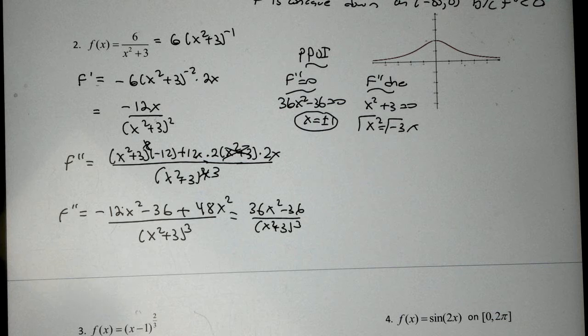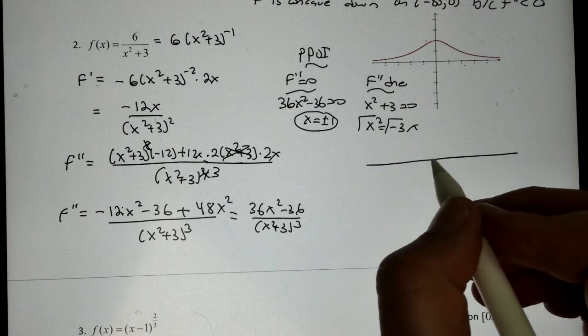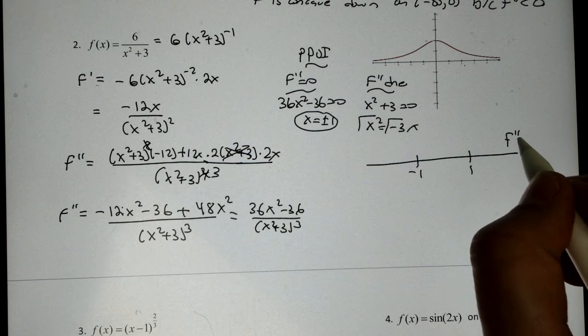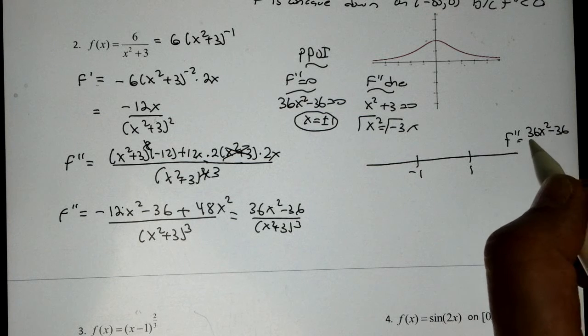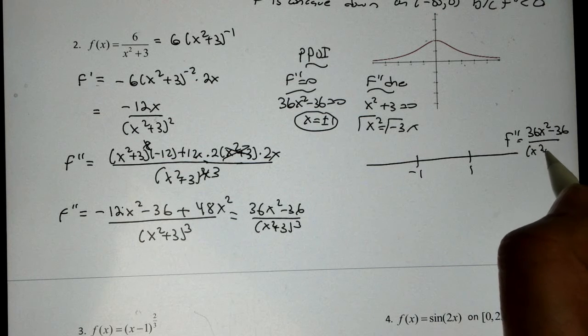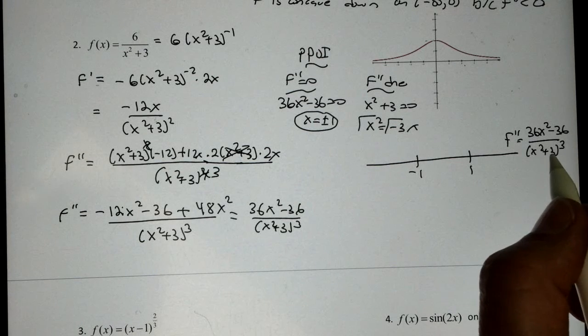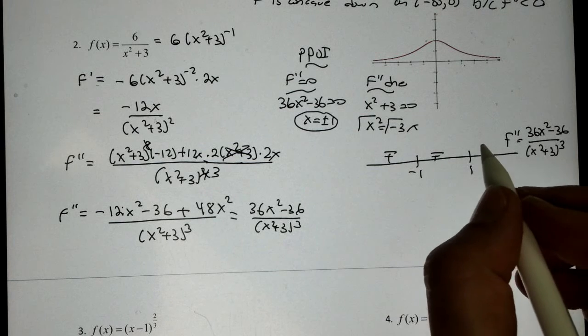Whew, fun times. So we do our sign chart. Negative 1 and 1. The second derivative, which again is this 36x squared minus 36 over (x squared plus 3) cubed. Now I am in luck, and if I'm good at math, I know the bottom's never going to be negative. Positive, positive, positive.